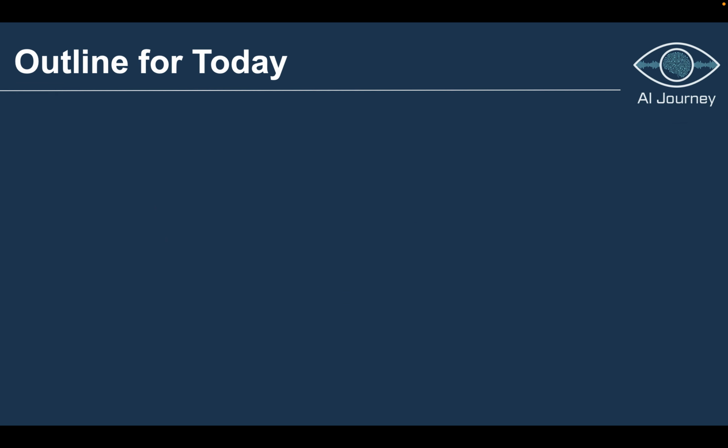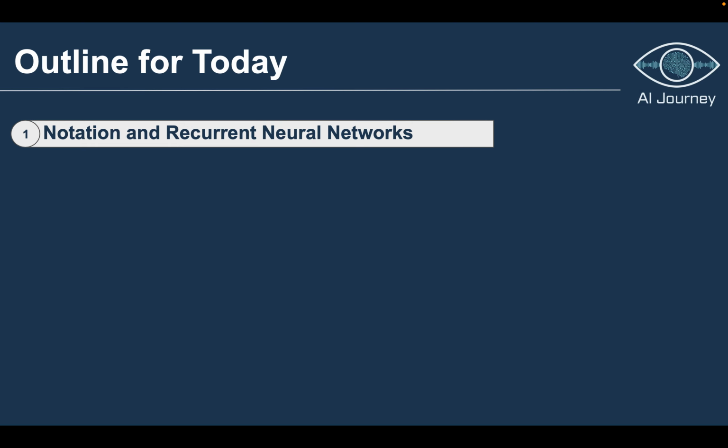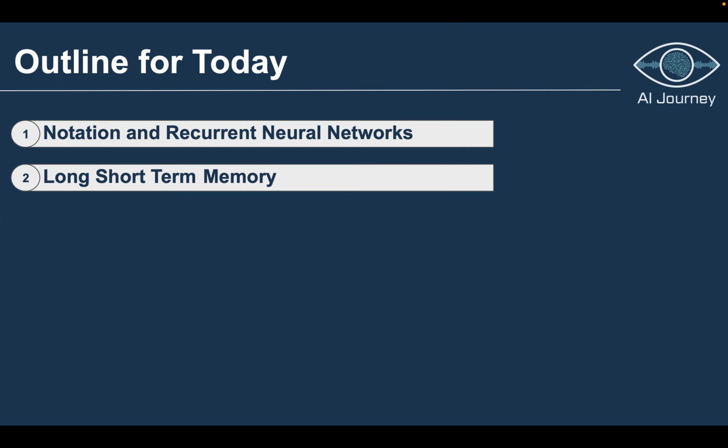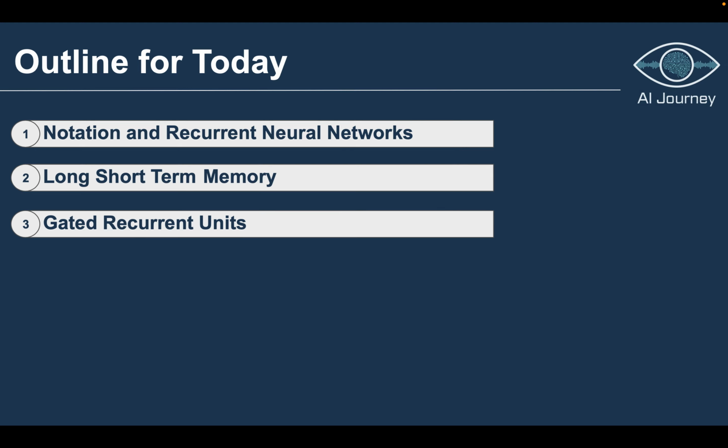So what we're gonna be talking about today is we're gonna work with a certain type of model called recurrent neural networks, and then we're gonna see an optimization for recurrent neural networks, which is called long short-term memory, or LSTMs for short. Another optimization is called gated recurrent units.